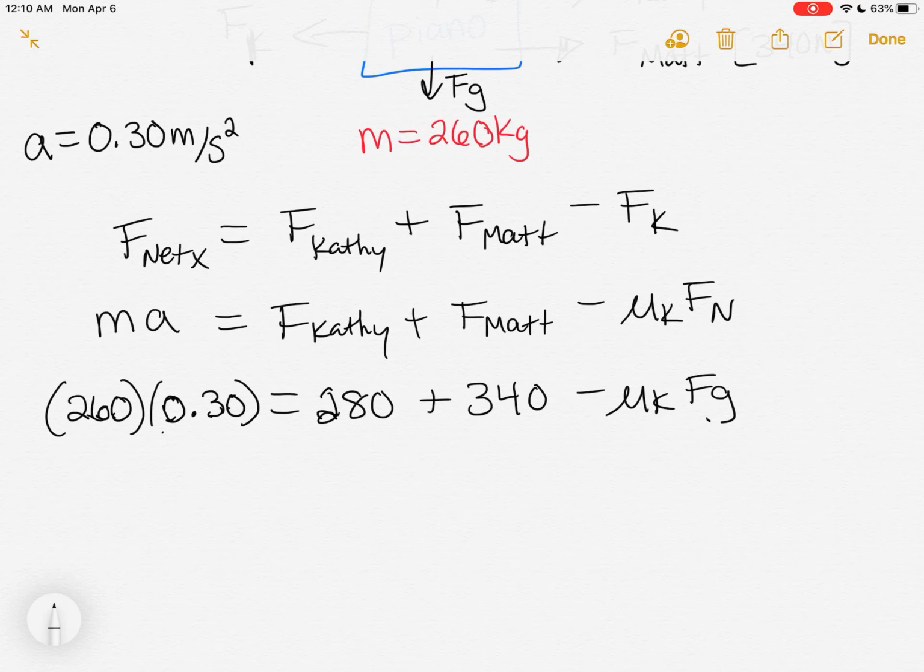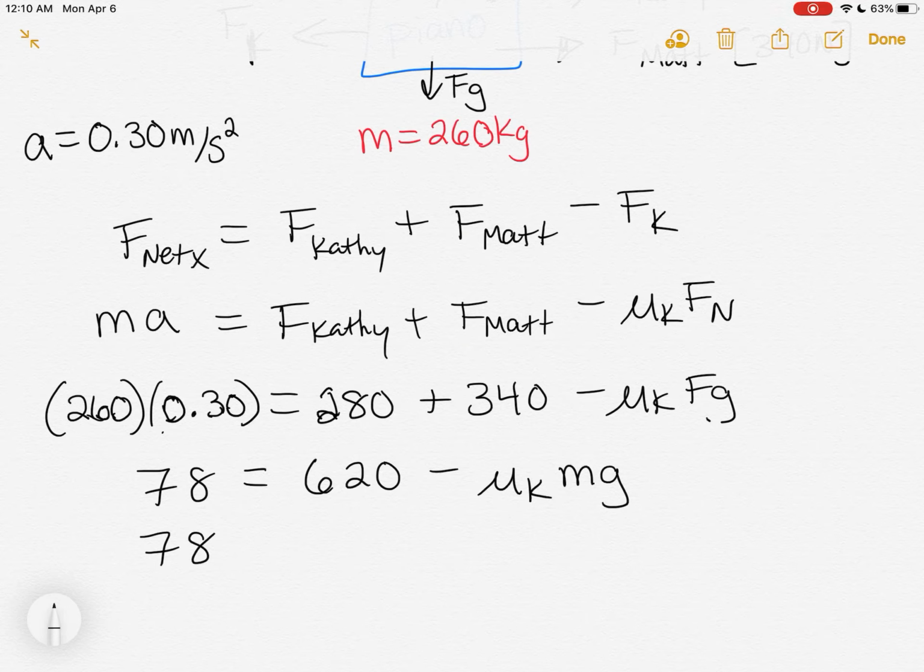And so we're just going to do a little bit of math here as we're collecting some like terms. So our 280 plus our 340 will be 620. And then again, we're subtracting our mu k, and we know that Fg is really mg. So then our 78 is equal to our 620.